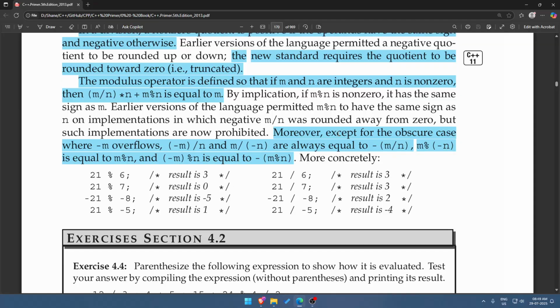Because m mod negative n is nothing but minus n, so this disappears and a single negative sign remains. Okay, so these are rounded away from 0. So it is 1, right, plus minus 4.